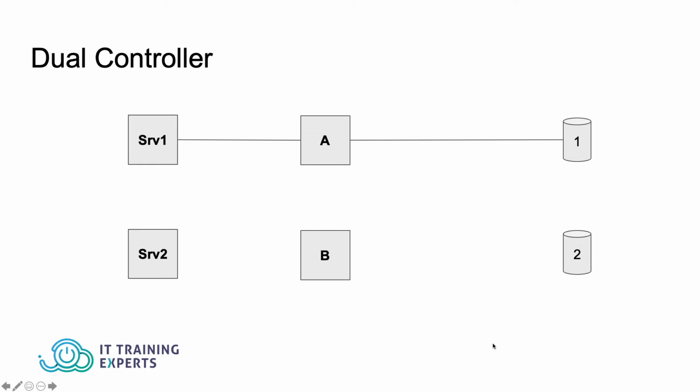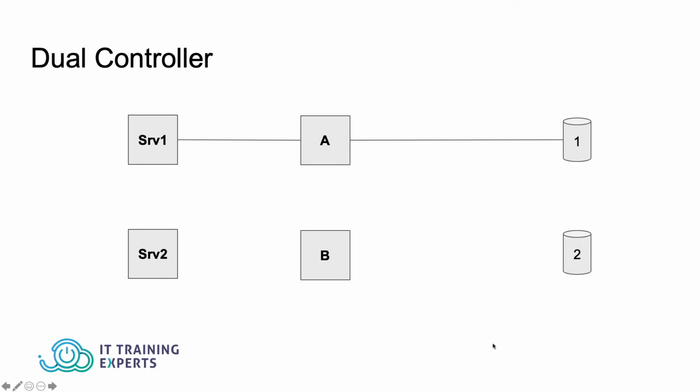Now this is what I'm talking about. In an active passive design, server 1 is going through controller A to access volume 1. There's no load balancing between A or B, meaning that right now that workload is operating in that fashion.